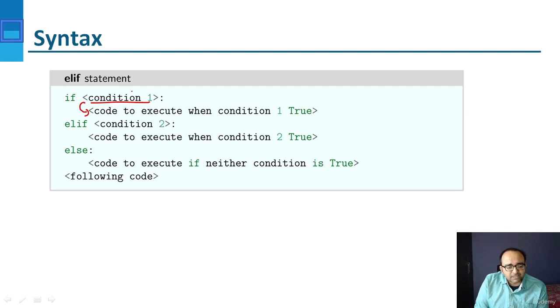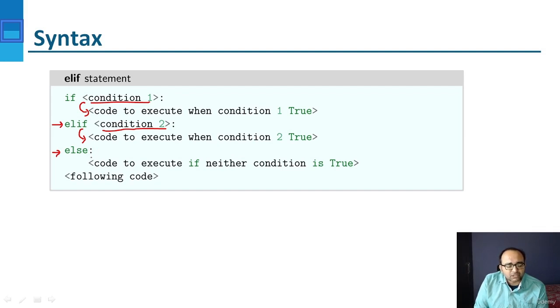If this condition 1 is false, then control is transferred to check condition number 2. If condition 2 is evaluated to true, then the code written inside this block will be executed. If this condition is also evaluated to false, then control is transferred to the else block, and inside this else block we are not going to write any condition.